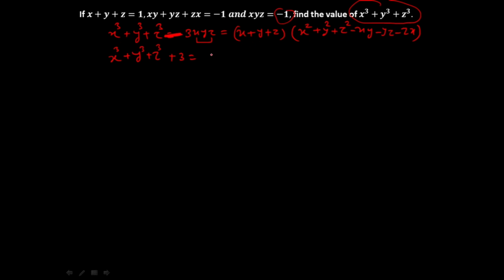This value is also in the question here, that is 1. This value is x square plus y square plus z square minus. I took minus common from these three: xy plus yz plus zx, and the whole bracket is closed. Just simplify in the next line.